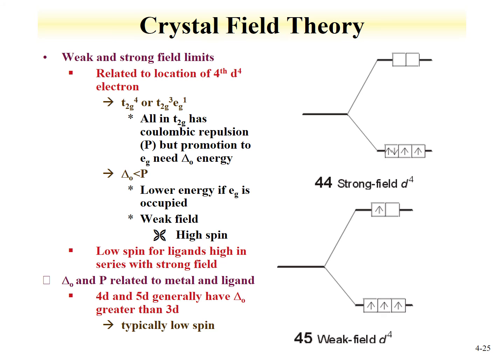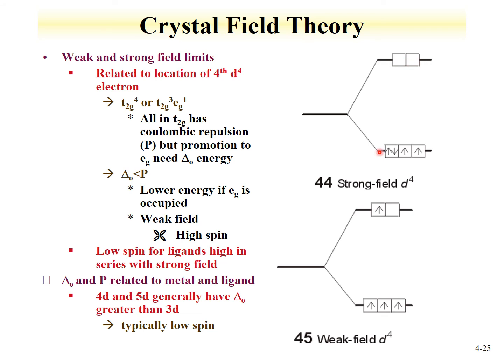The strong and weak fields can really be best examined by evaluating the location of the fourth d electron. So if we look at a d4 system, we can fill the orbitals two ways. These are our t2g, here are our eg orbitals.